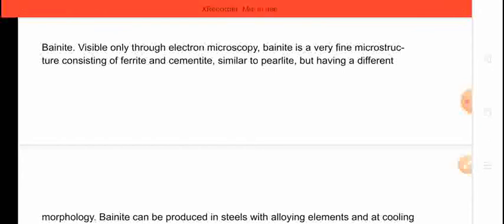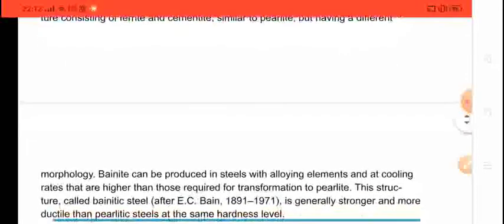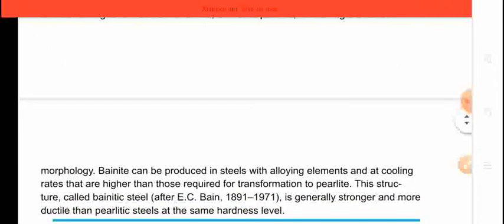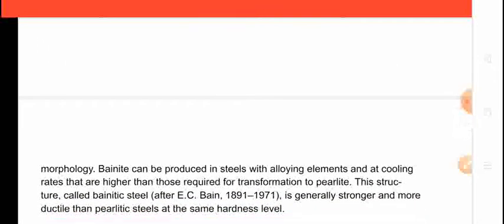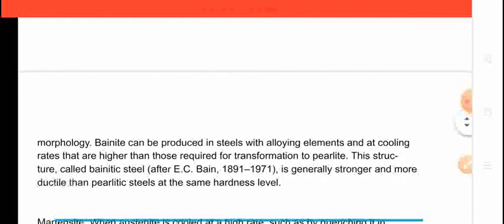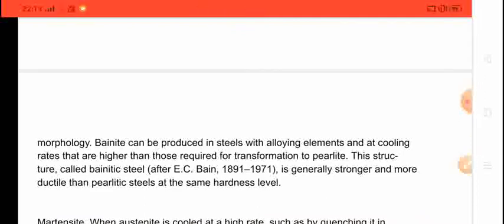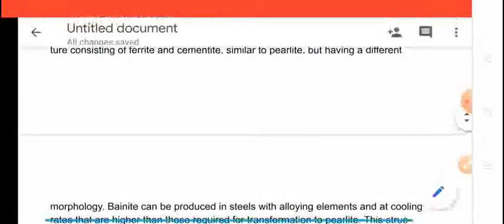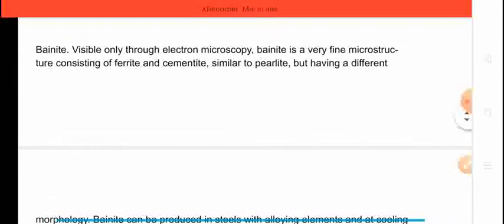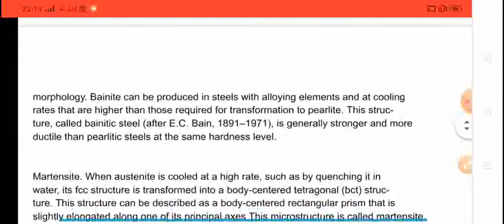Similar to pearlite, but having a different morphology, bainite can be produced in steel with alloying elements and at cooling rates that are higher than those required for transformation to pearlite. Bainitic steel is generally stronger and more ductile than pearlitic steel at the same hardness level. So the conclusion is that bainite is harder than pearlite, and now we will see martensite.